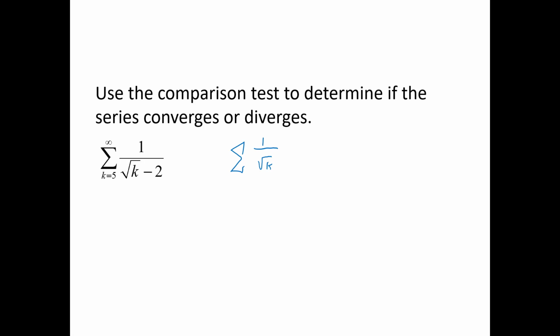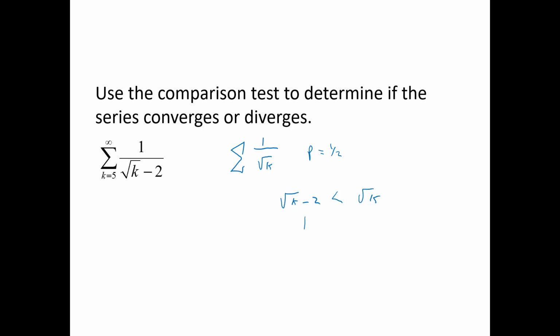And so this right here is a p-series, and you should know what p is. Here, p is 1/2. It being less than 1 means that this series diverges. Okay, so here's what's going on then. The square root of k minus 2, it should be very clear to you that that is less than the square root of k.